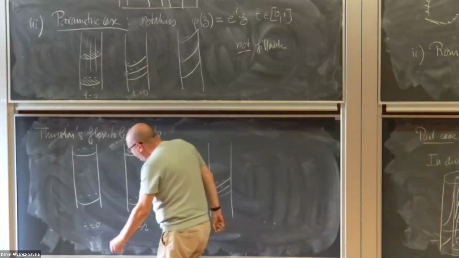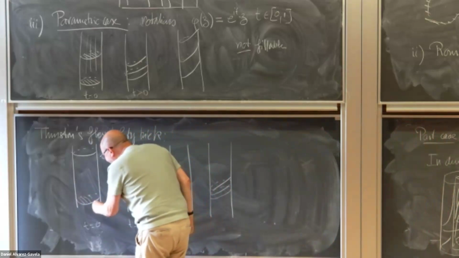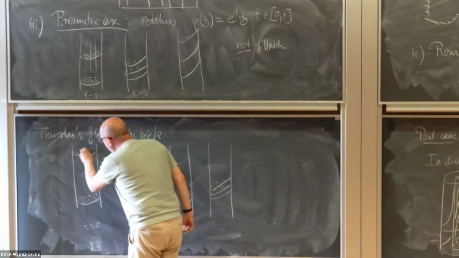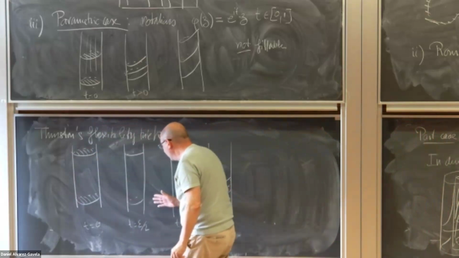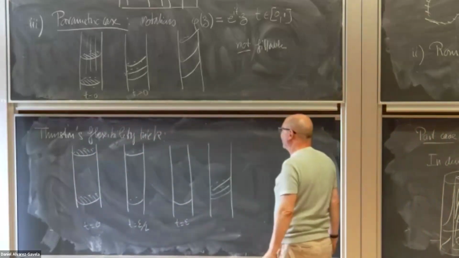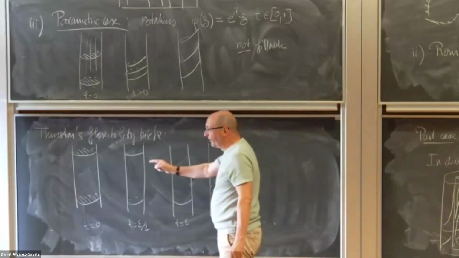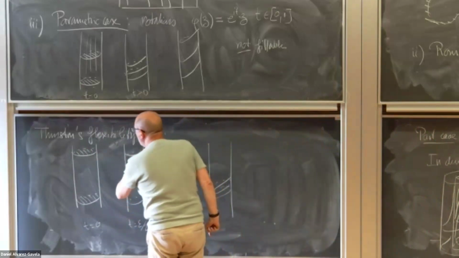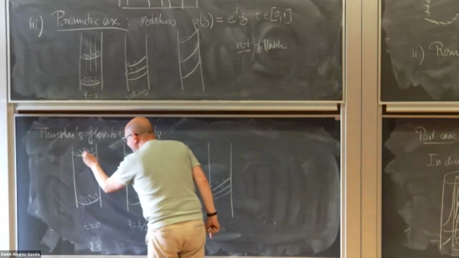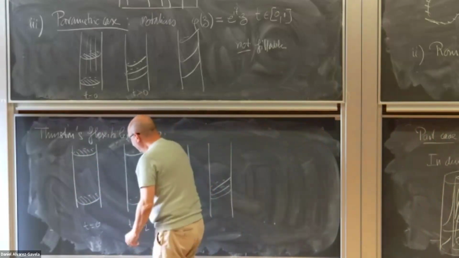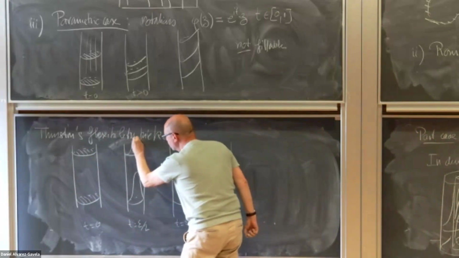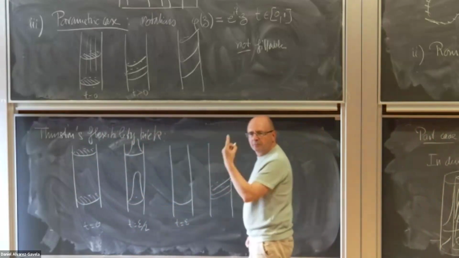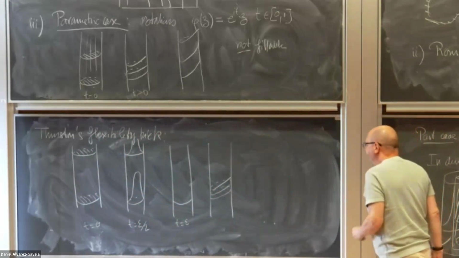Then we can do the following. For t equals 0, we take the opportunity of this time where the data on the boundary does not change to change the foliation inside. Here it is disks. We make bumps in all the disks inside.